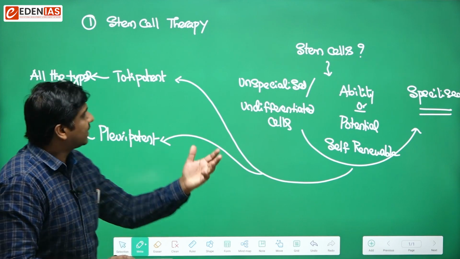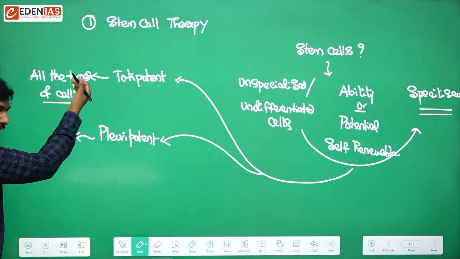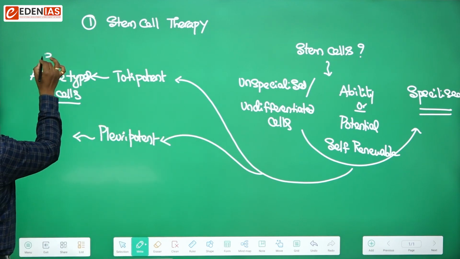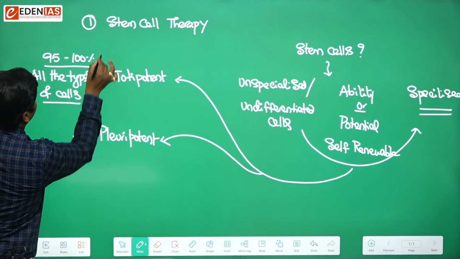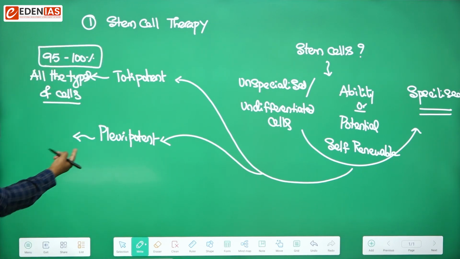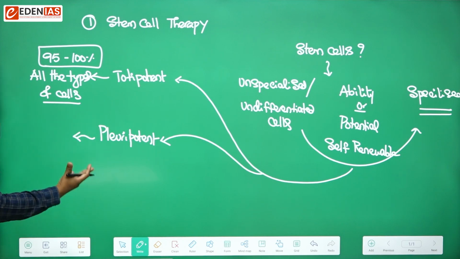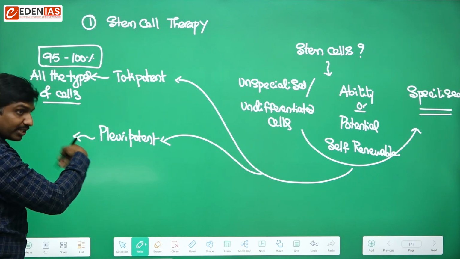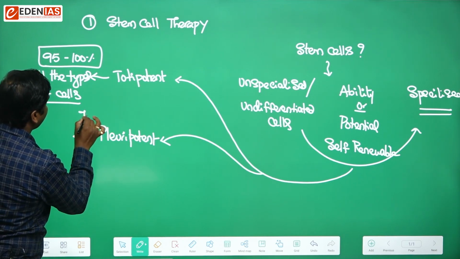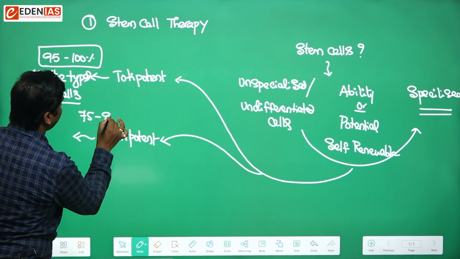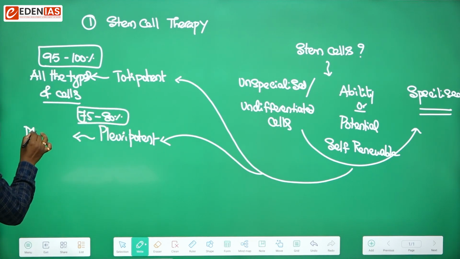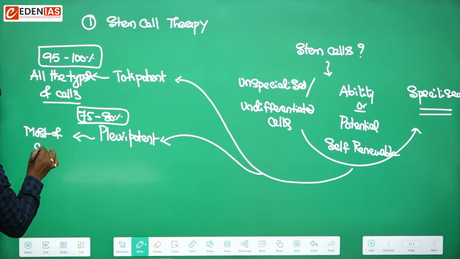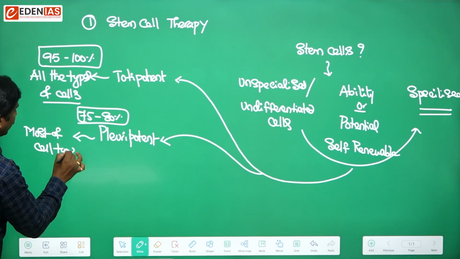For example, in percentage terms, if totipotent is 95 to 100% ability to develop into other cells, here the ability would be less. Let's say, hypothetically, 75% to 80%. That means most of the cell types. So you remember likewise.